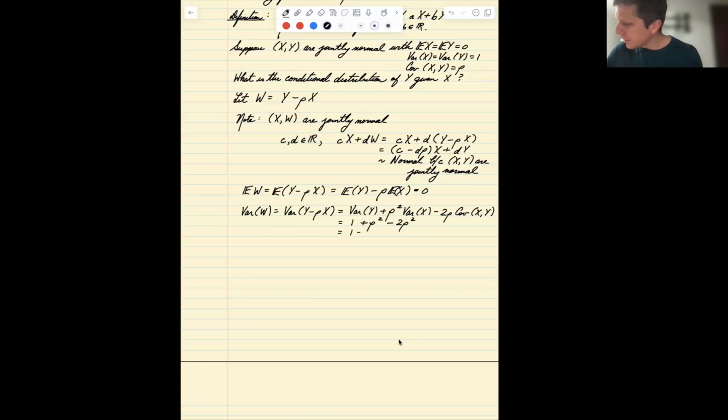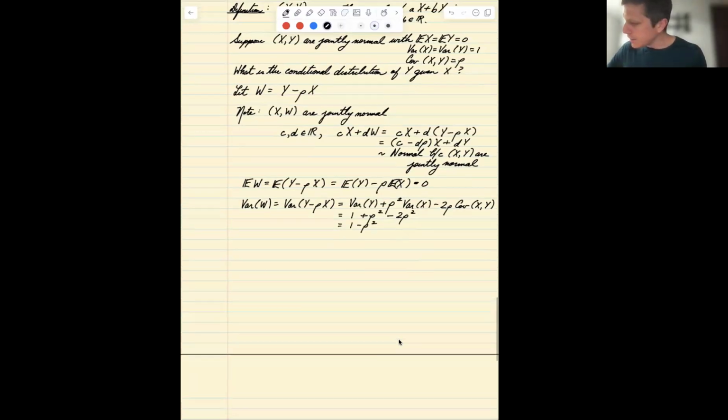This is right. We have 1 minus rho squared for the variance.